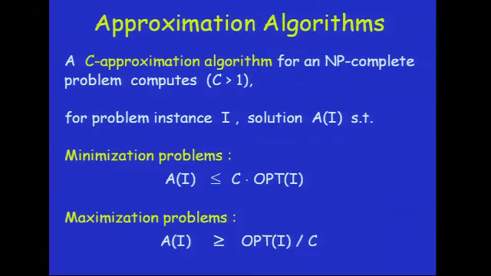These are polynomial time algorithms which, for some constant c, think of it as being greater than 1, called the approximation factor, and for a problem instance I, compute a solution A(I) which is guaranteed to be within factor c of the optimum. If it's a maximization problem, then the solution computed by the algorithm is at least the optimal solution divided by c. OPT(I) denotes the value of the optimal solution. If it's a minimization problem, then A(I) is guaranteed to be at most c times the optimum.